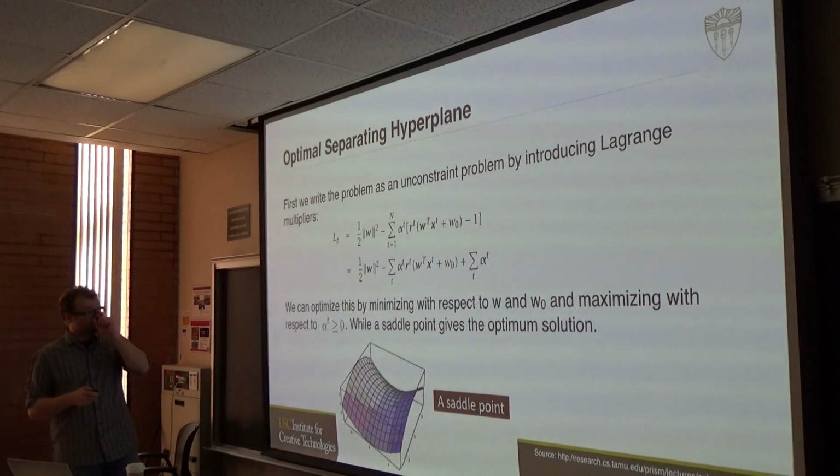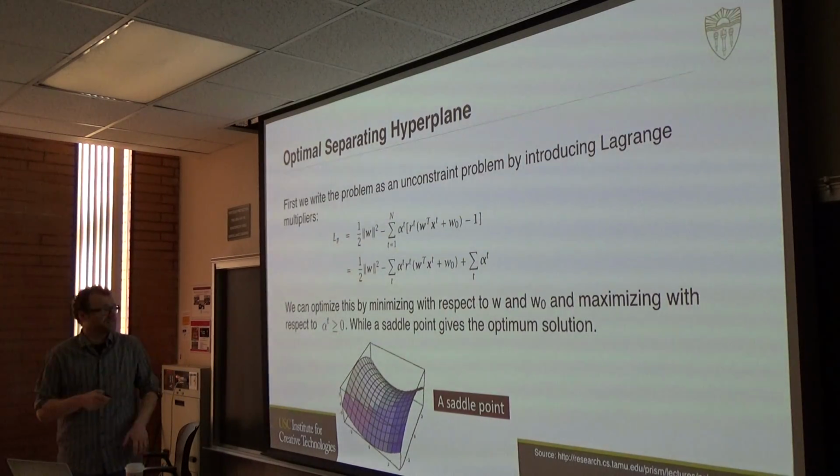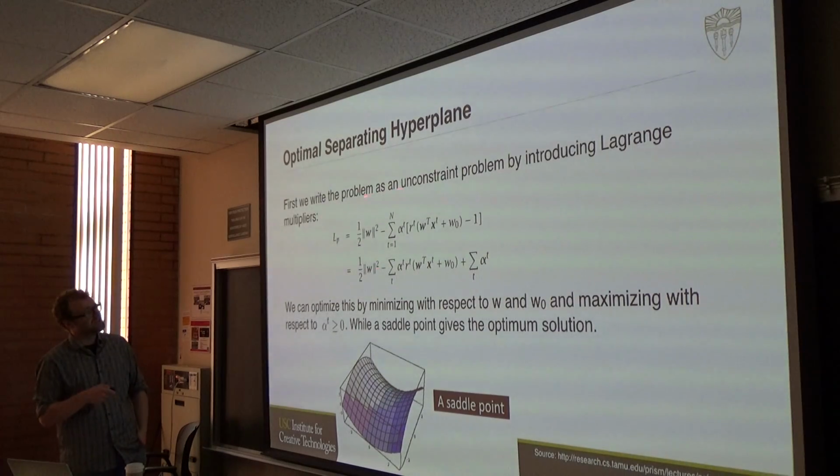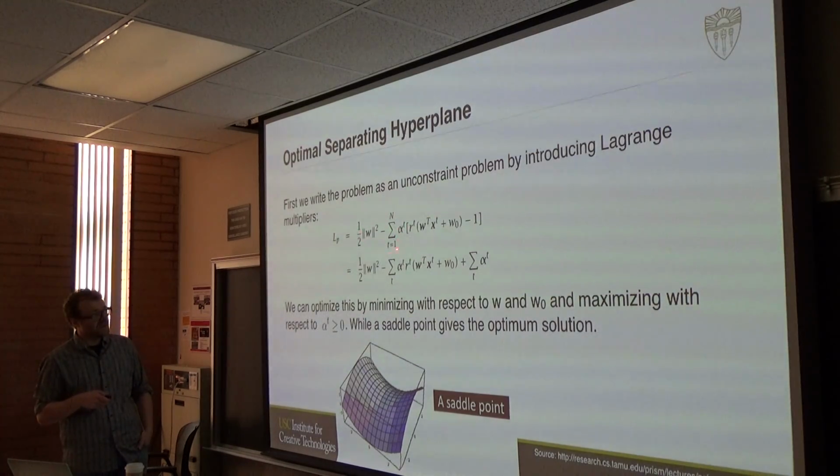Alright, so the way to do this is to introduce our Lagrange multipliers, which are just these alpha parameters, and we have an alpha parameter for all of our data points. So we go from t equals 1, observation 1, to observation n, and we have these multipliers here, and then we bring in our constraint.